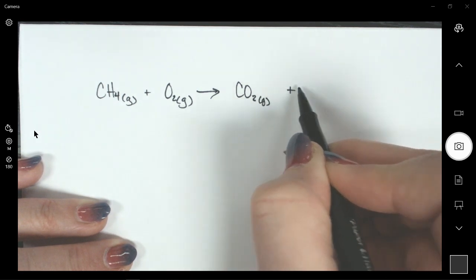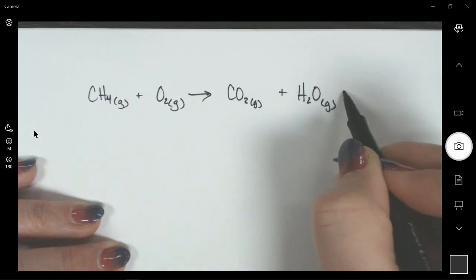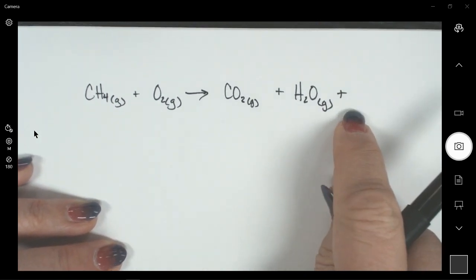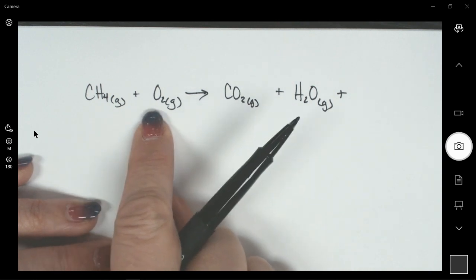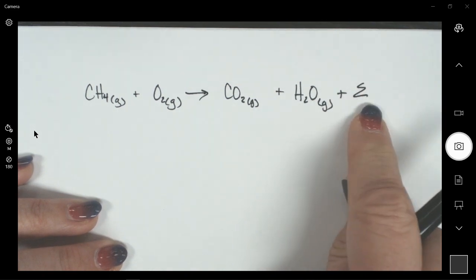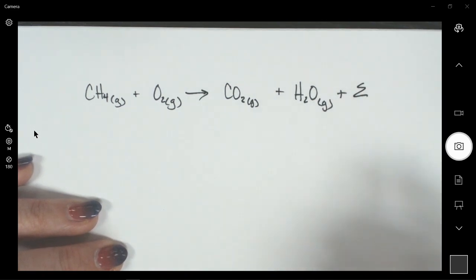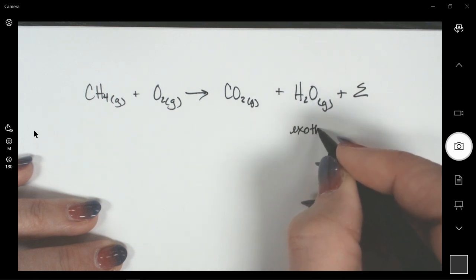CO2 and H2O, and this is also a gas. This is a combustion reaction, methane and oxygen, and you also get energy. Energy is released to the environment, right? So this is an exothermic reaction.